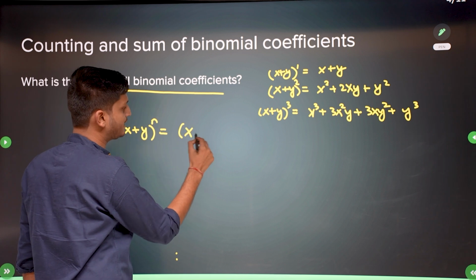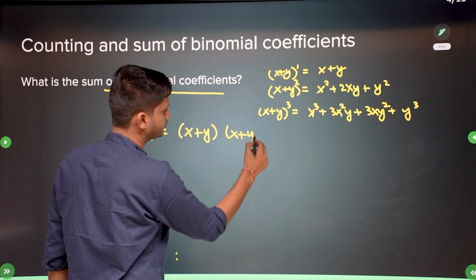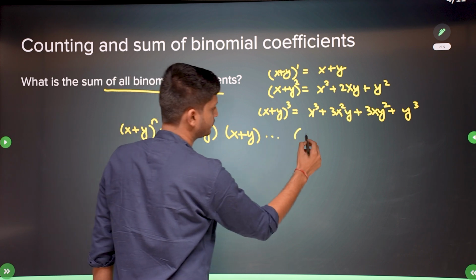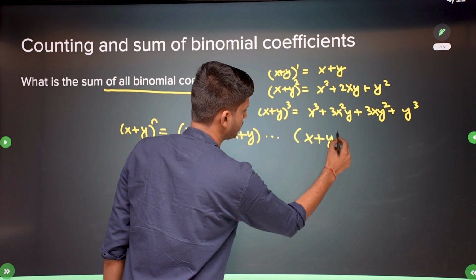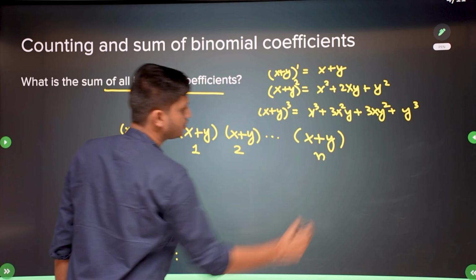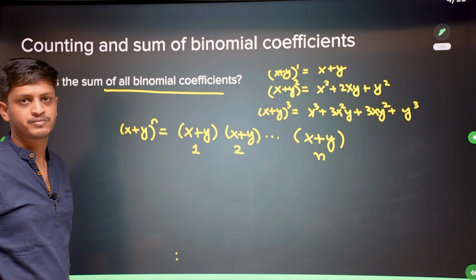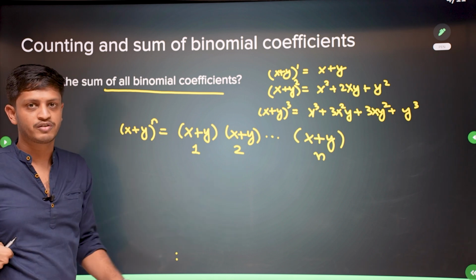You are just multiplying x plus y n times. So you have n brackets, n containers. You can take an x or a y from each one of them.